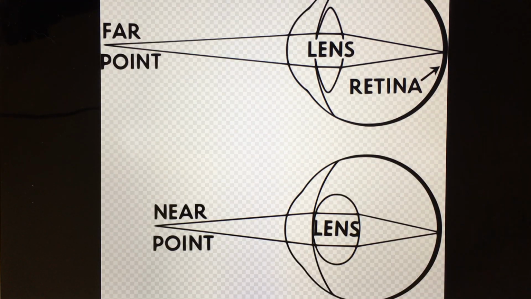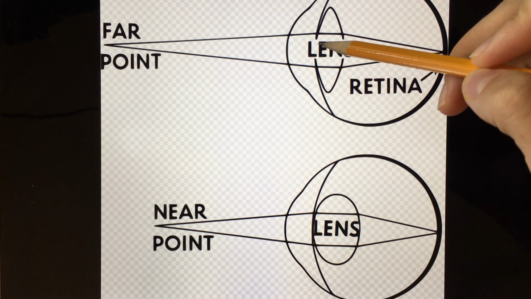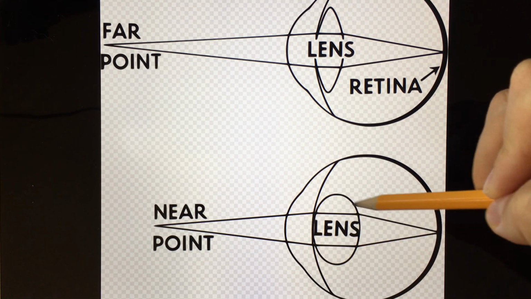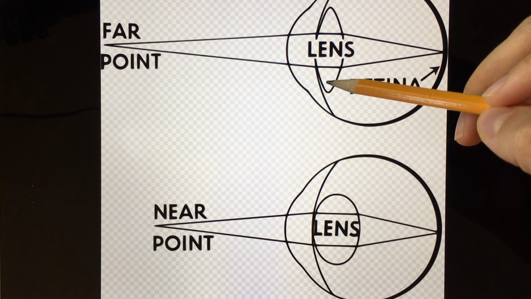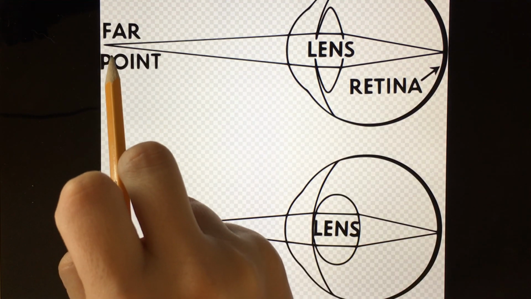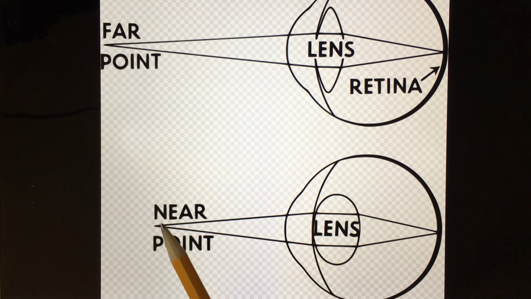So the lens can become more extended and flatter this way, so it's thinner, as opposed to a more round and thicker shape. When the lens is stretched thin, we are able to focus on a faraway object better, and when the lens is relaxed and thickened, we can focus on near objects a little bit better.